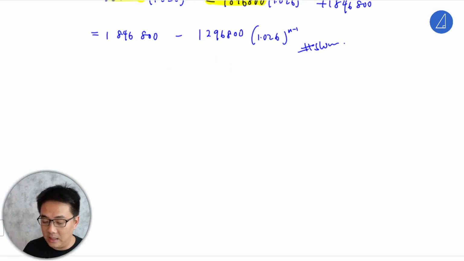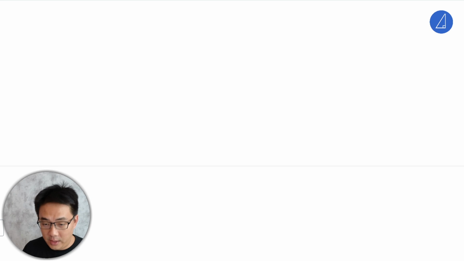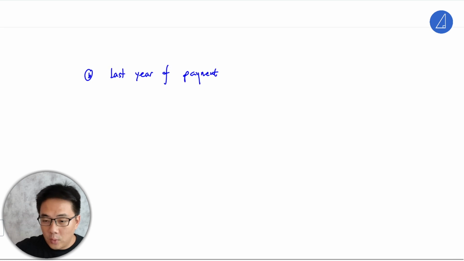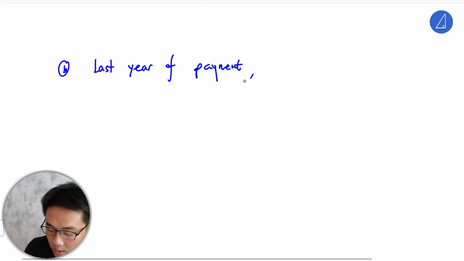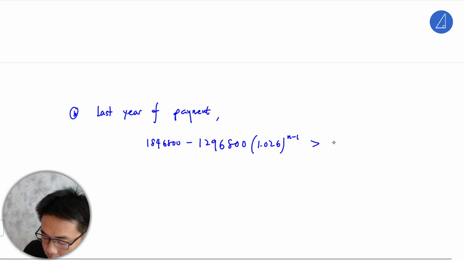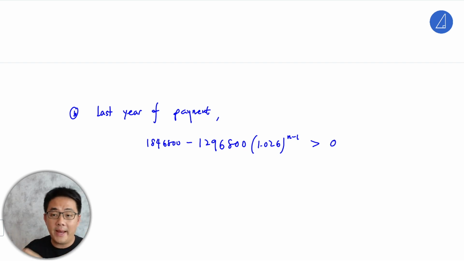This is the amount you owe at the start of the year. The last year of payment will be the last year where the expression you found, 1,846,800 minus this thing here, is more than 0. The last year where the amount you owe to the bank is more than 0.